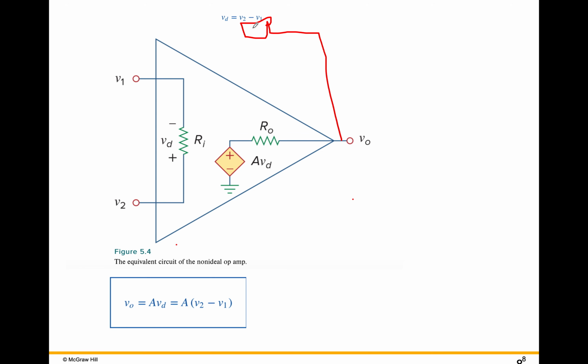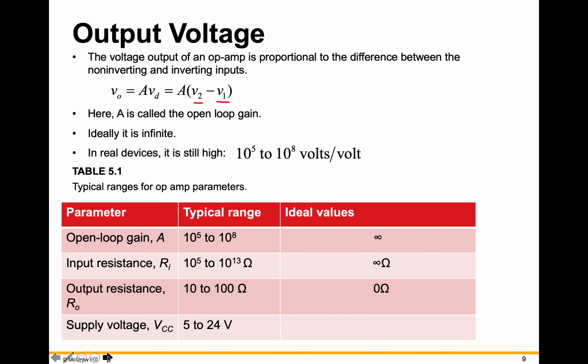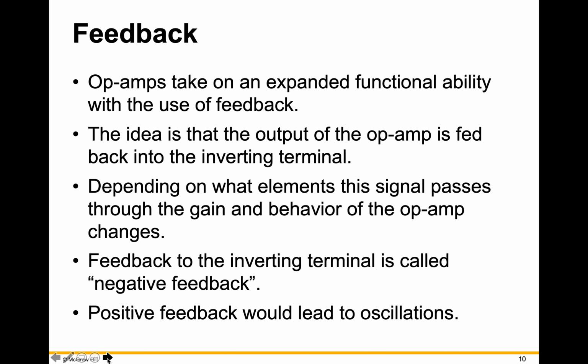It can be a resistor, it can be various things. So it goes through something, and then it comes back to the input and connects right here. So this could be a resistor, it can be a resistor and a capacitor, it can be any number of things. Once you do that, you've created a feedback situation, and that's going to allow us to create some circuits that do some very useful things.